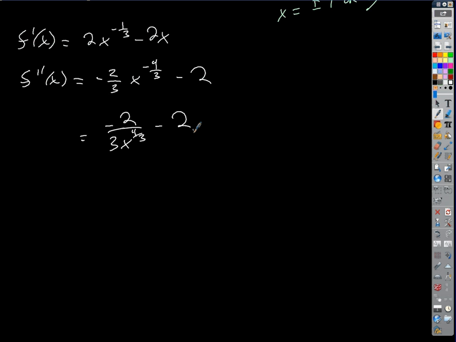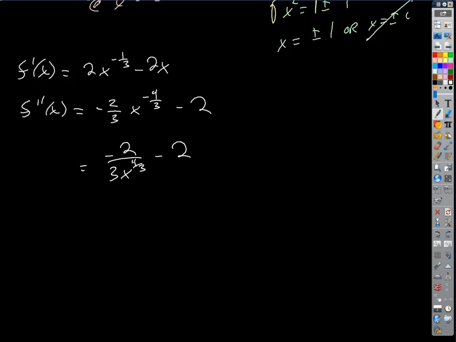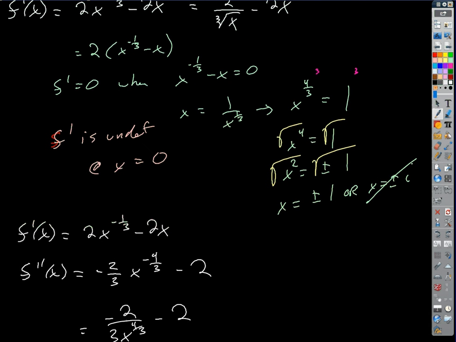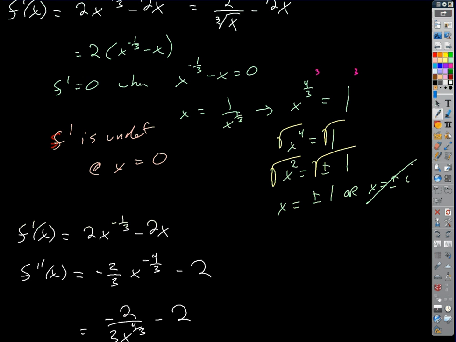Those are the definition of points of inflection, right? They have to be transitions of concavity from positive to negative through zero where a tangent line exists. Does a tangent line exist at zero? No, because the derivative is undefined.